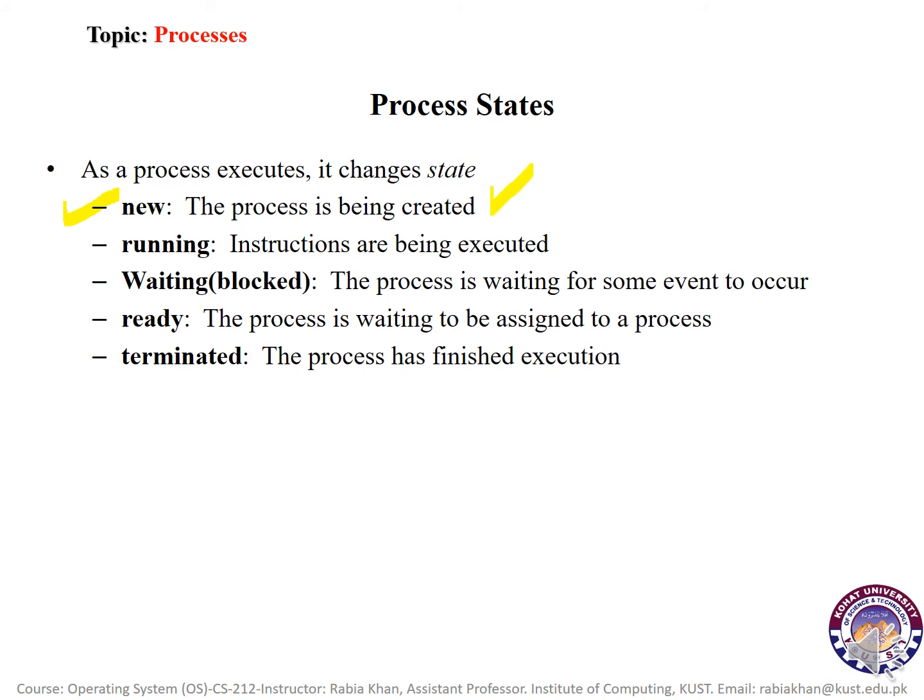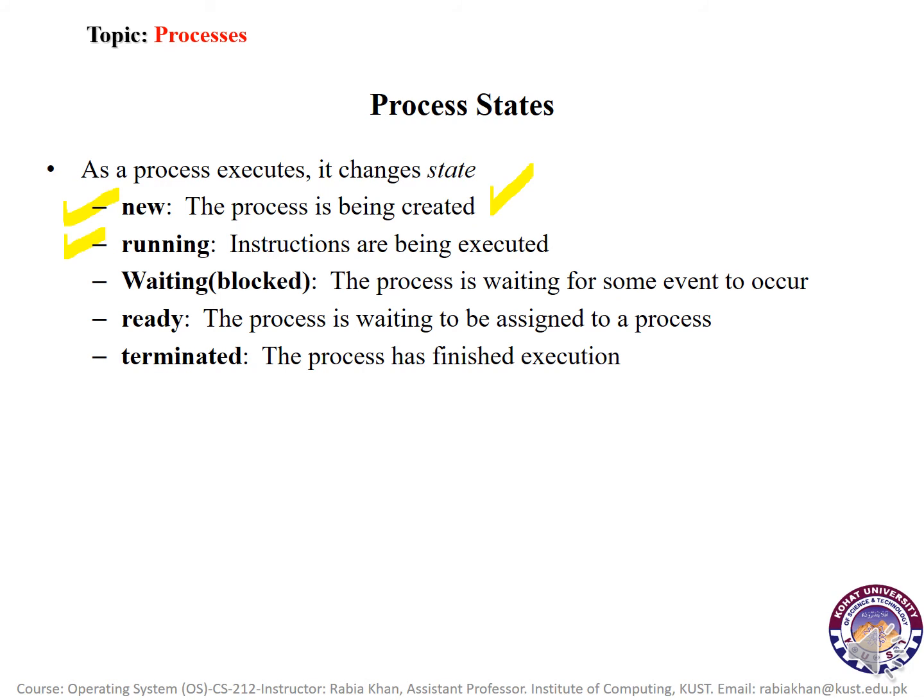A new process has been created and started to run on the CPU. Now, after creating, when it gets executed on the CPU, the state has changed from new to running. Running means the instructions within the process are now being executed on the CPU.